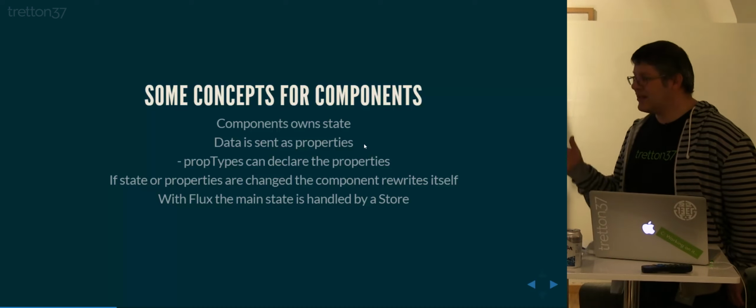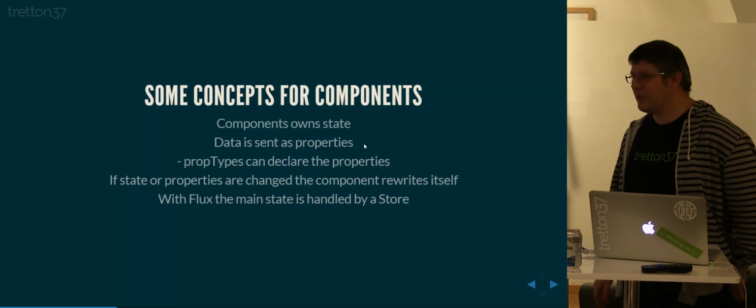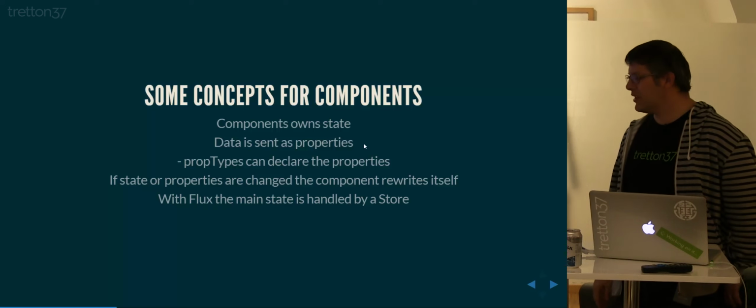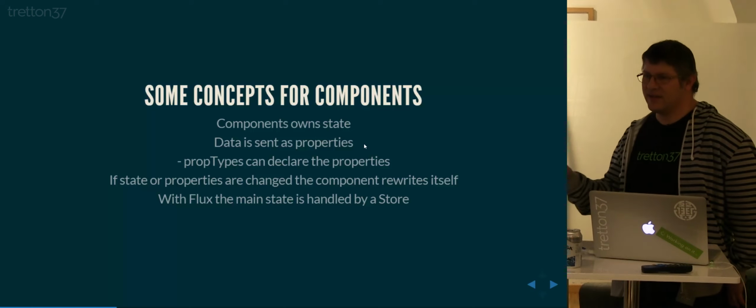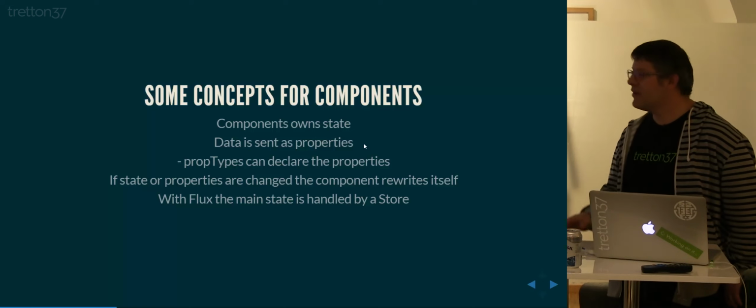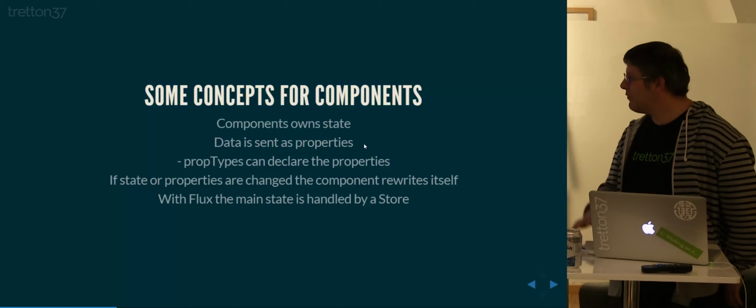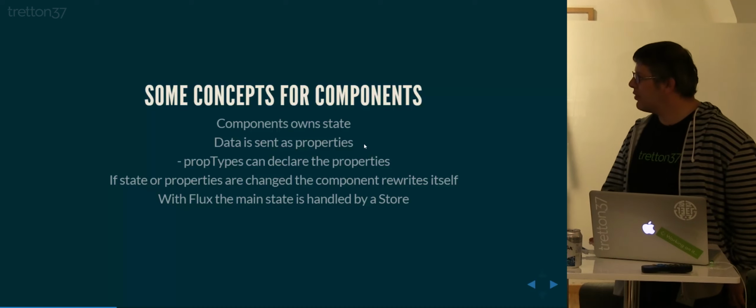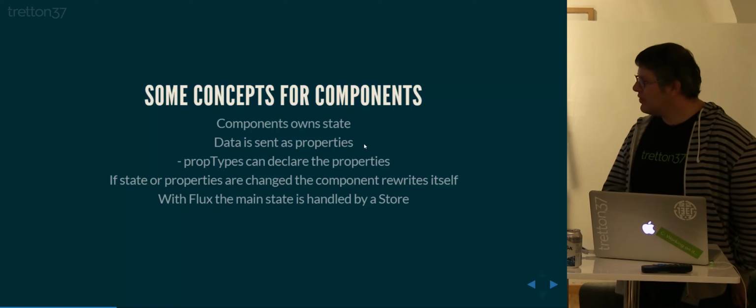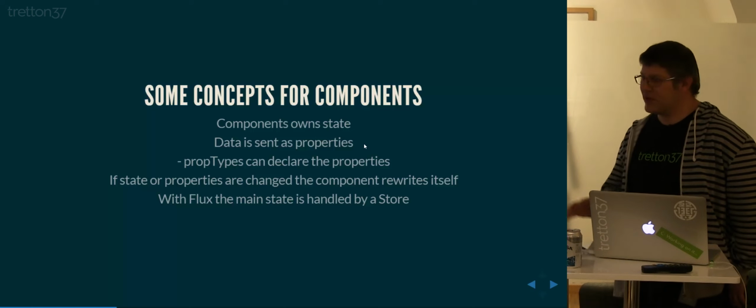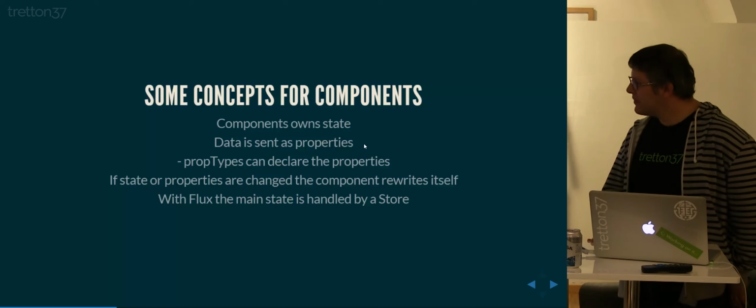And then you send data to the components as properties. When you use components, they look just like HTML. It's like tags and then normal HTML properties. So it's the same way. You just write them out and add properties. And you can declare the types of the properties using something called prop types.